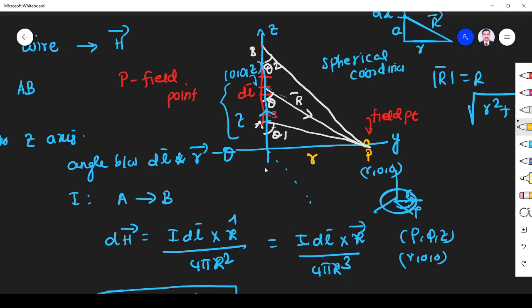So it has to start from 0 and go to infinity, right? Already this distance is theta 2. Theta 2 will become, this point will go to infinity and this point will go to 0. Then only total length is infinity. That means A should go to 0, B should go to infinity.